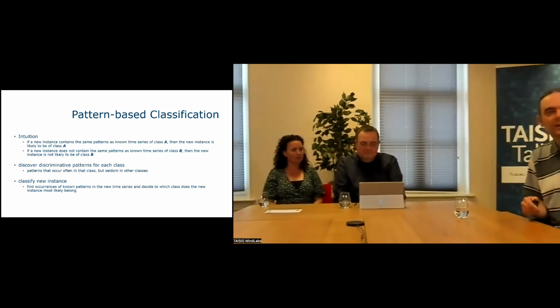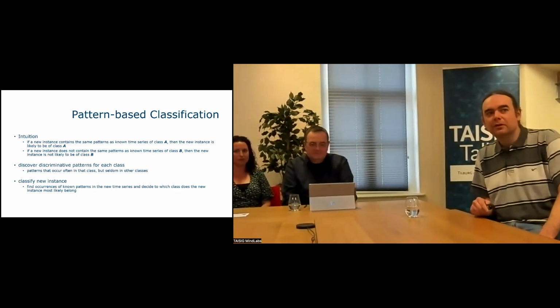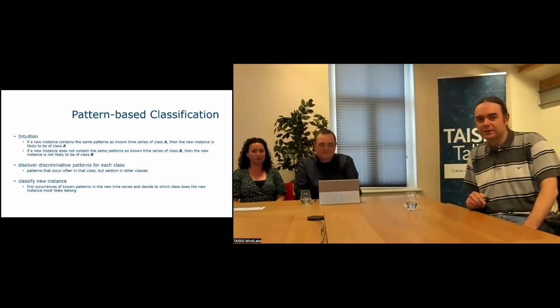There is one question in the chat, actually 2 already, so that's a quick one. So can you elaborate a little on the feature factors? How is a certain pattern chosen to be put in the matrix? Okay, so first of all, we are looking for discriminative patterns for each class.